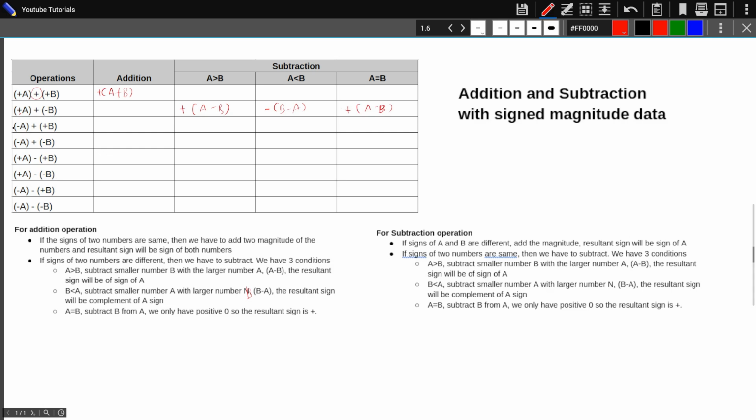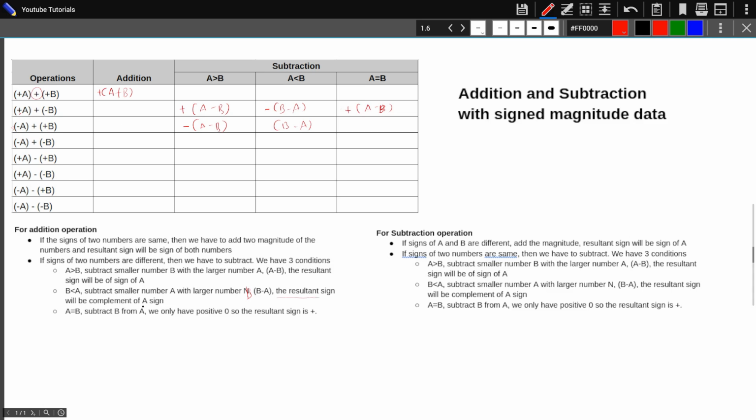Move on to the third row. Again we see that the signs are different, so the addition condition will not be applied and we move on to the subtraction condition. For the first case, if the two signs are different, we perform A minus B as per the rule and the resultant sign will be the sign of A, which means it will be minus A minus B. In the second case, we need to do B minus A, but we need to refer to this particular rule here.